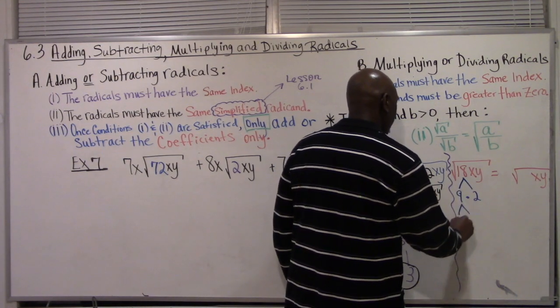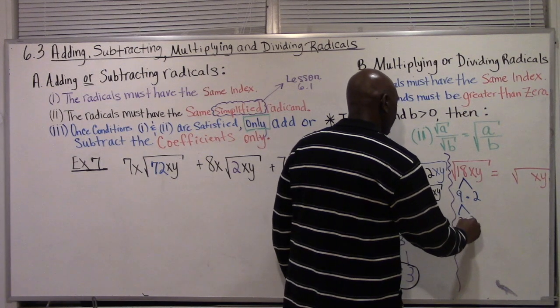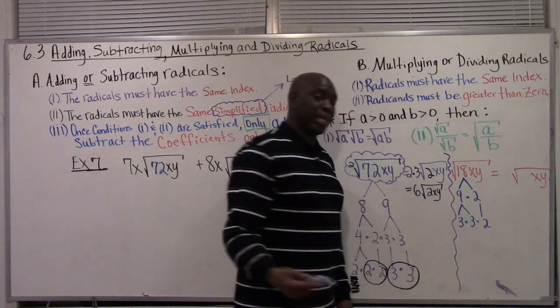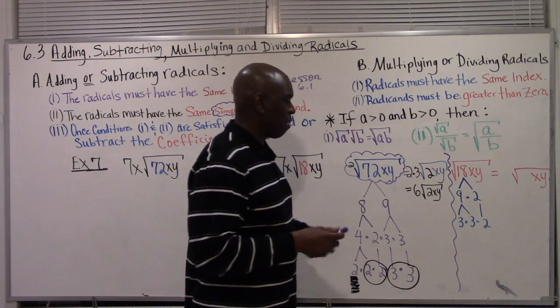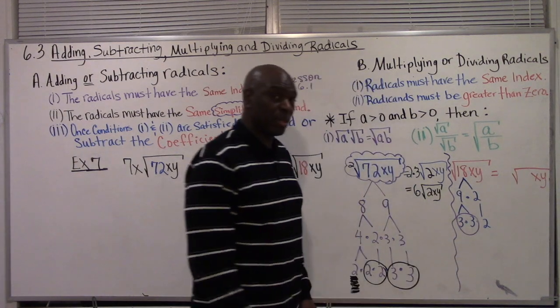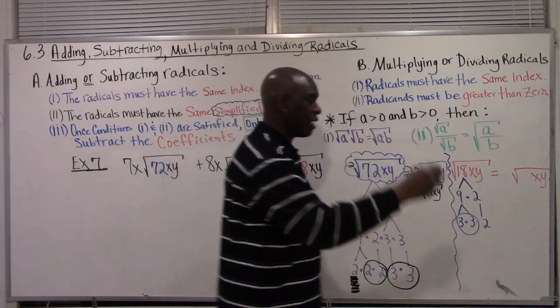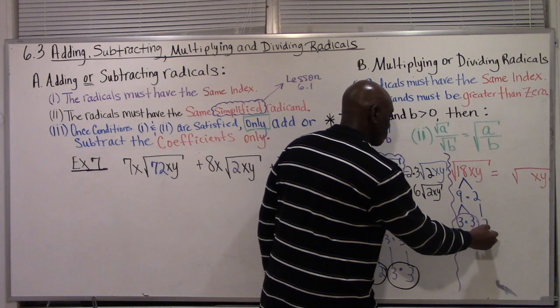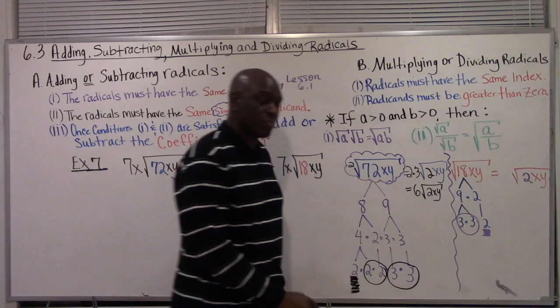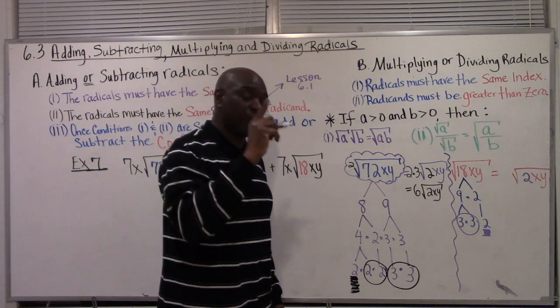Break down 9. 9 is 3 times 3, and bring down the 2. Group that by 2's also. All right, there are 2 3's. That's it. What did not get grouped goes back in the house. So this 2, back inside. What did get grouped, one of them in the front.